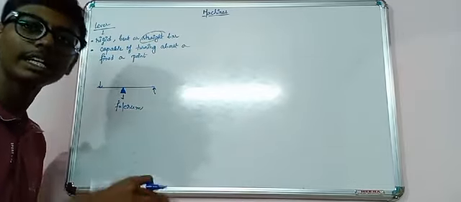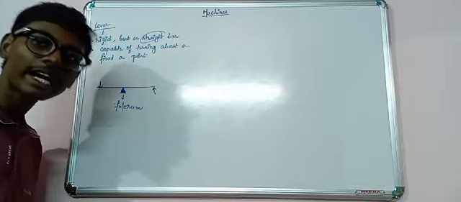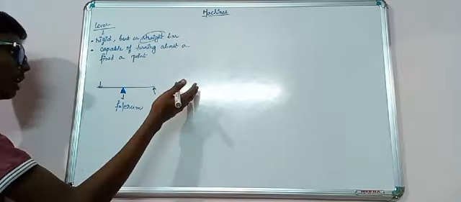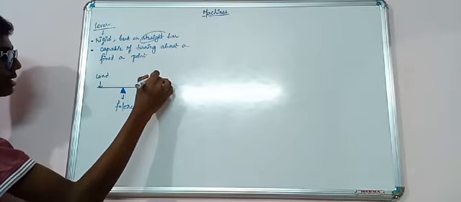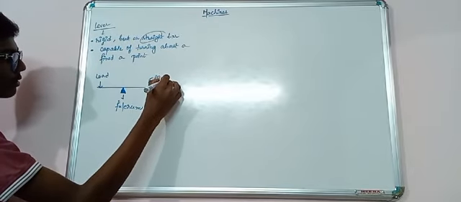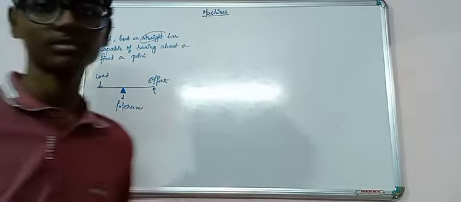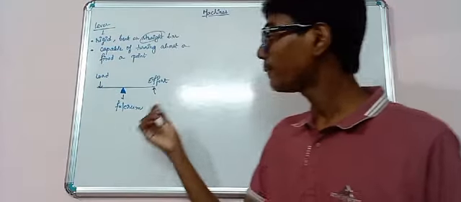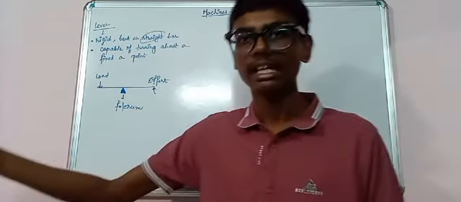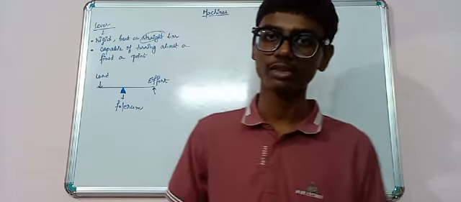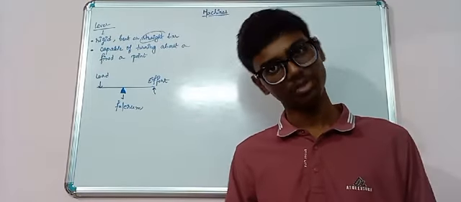Or rather, from one side load is to be placed and on the other side effort is going to be applied. So this is my load, this is my effort. Now based on the placement of fulcrum, effort and load, we have the three classes: lever of class 1, class 2 and class 3.